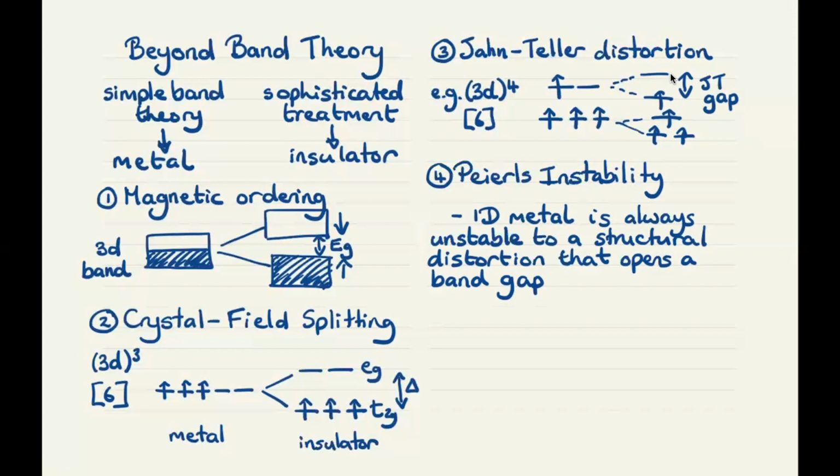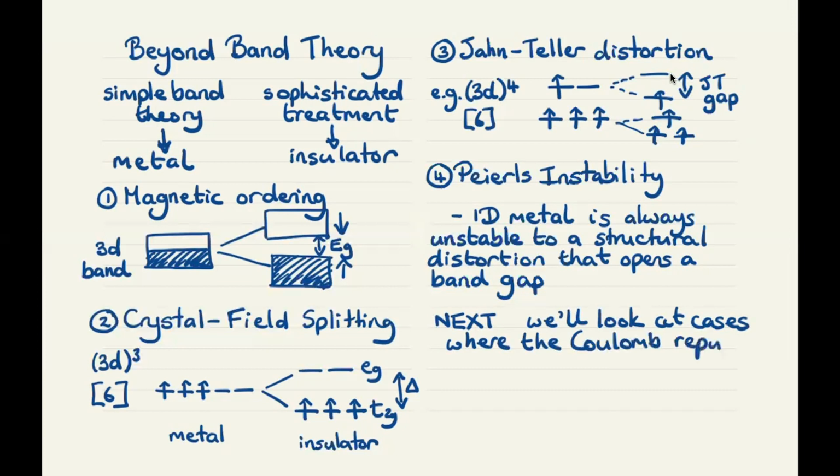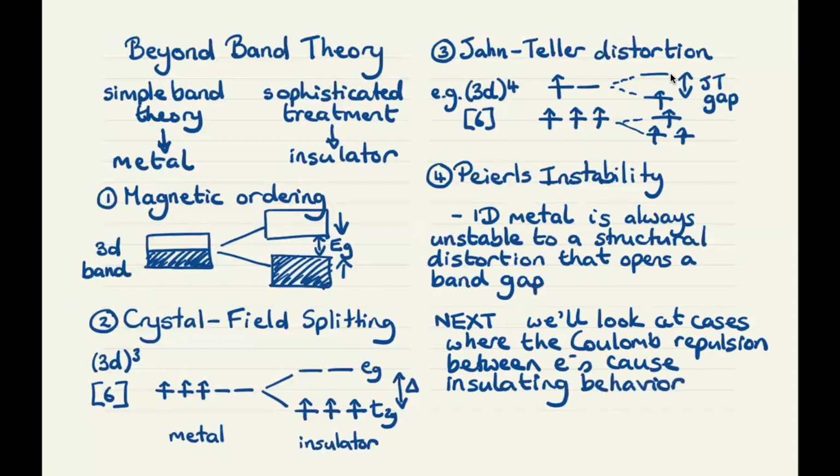What we're going to start discussing today is another scenario or another physical underpinning that can turn a metal into an insulator, which is the case where the Coulomb repulsion between the electrons causes insulating behavior, again in situations where simple band theory would predict that they should be a metal.